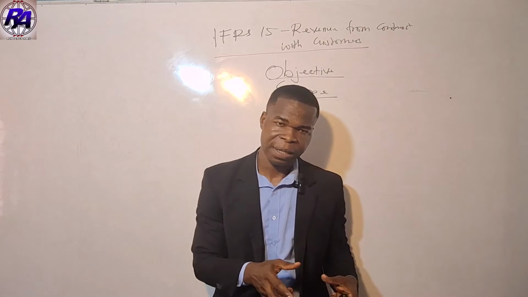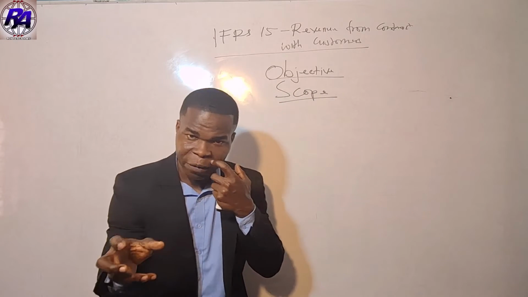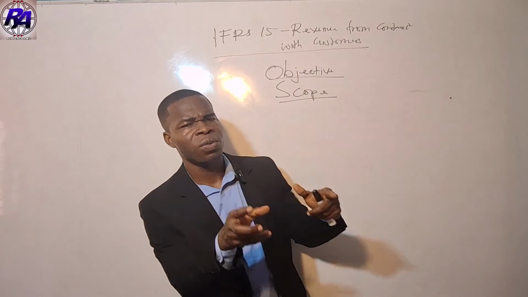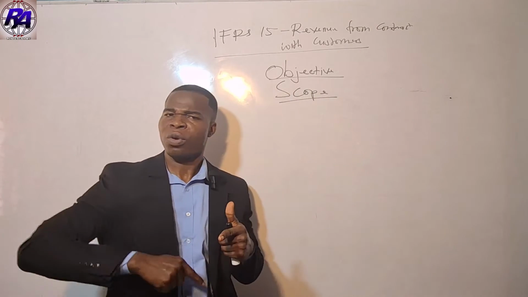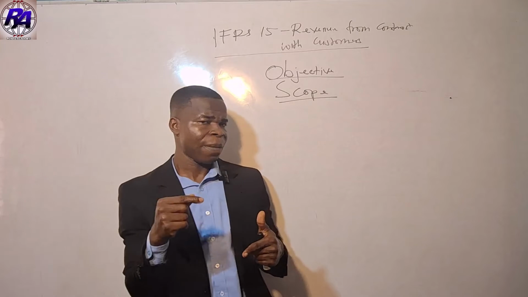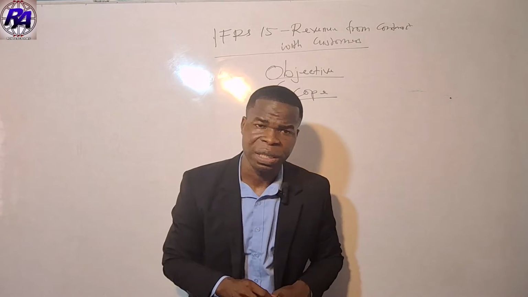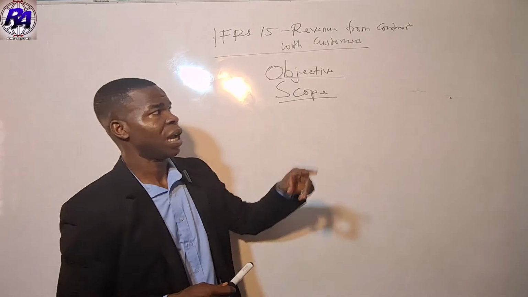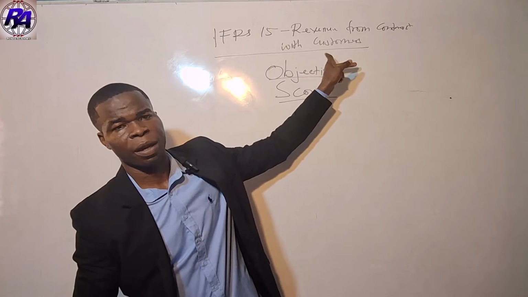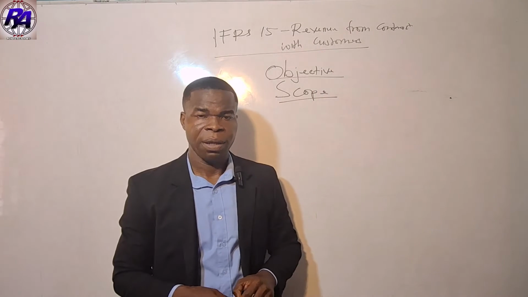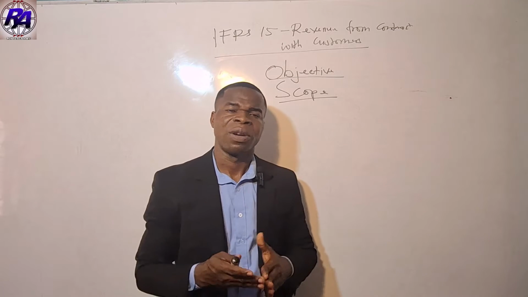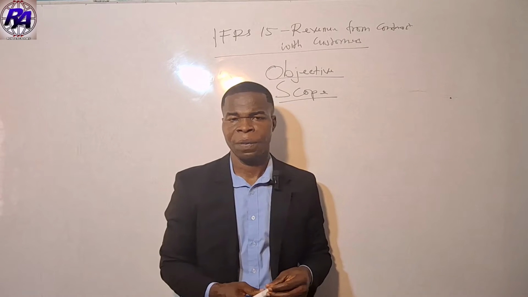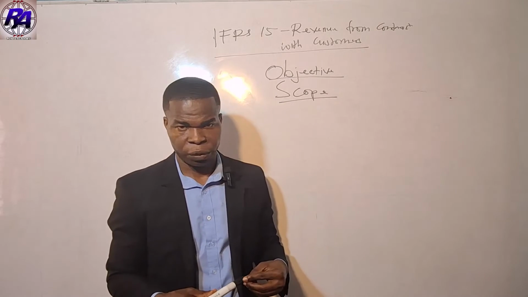A customer is a party that has obtained goods and services from an entity, and those goods and services are the outputs. So if what you are giving to a customer is not your output, that is not a contract, and we cannot use IFRS 15. Please take note of all these. They are very, very important. You can be examined on the principles.